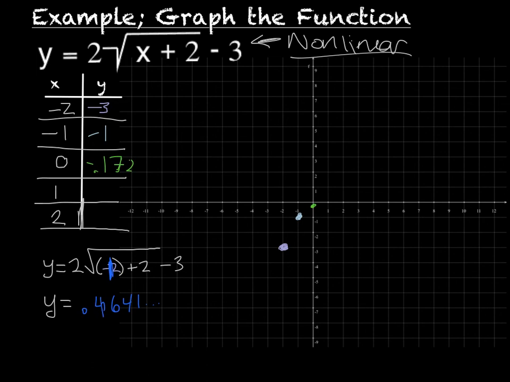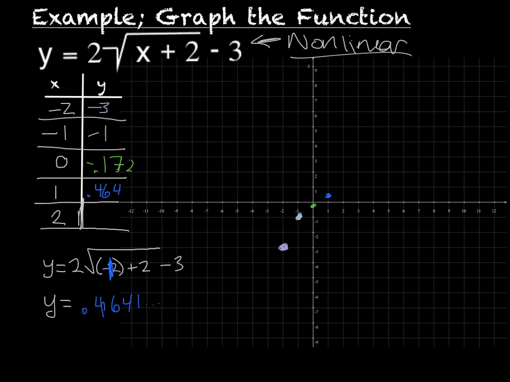So I'm going to round that off to 0.464, just so I can get an idea of where that would be. So at 1, I'm at 0.46, which is about there, somewhere in there. Not perfect, but close enough.